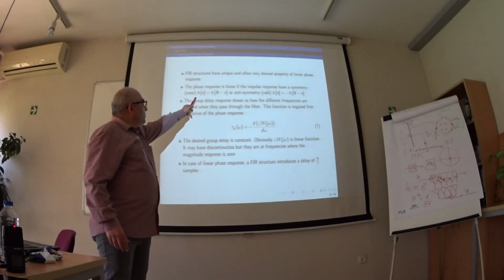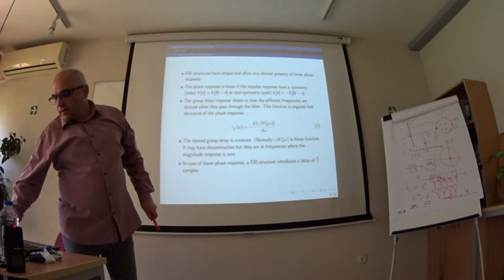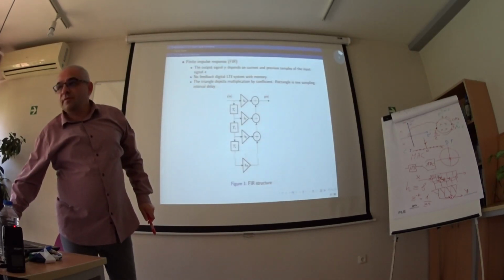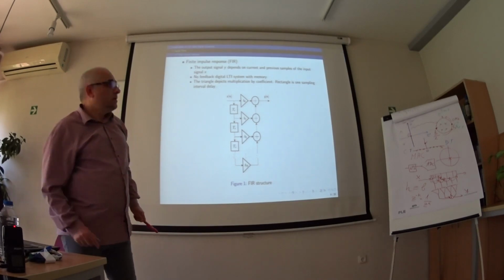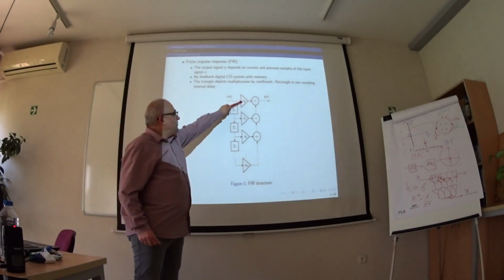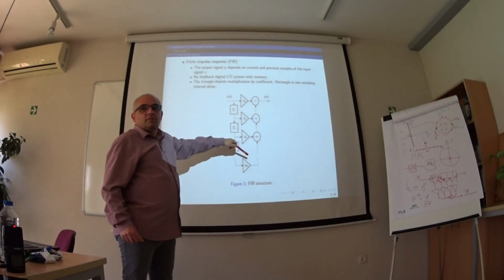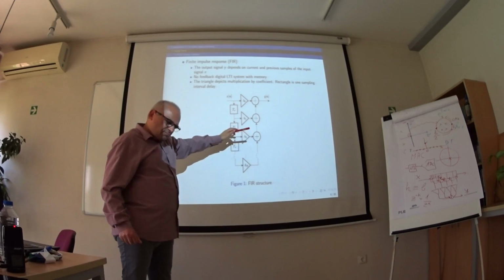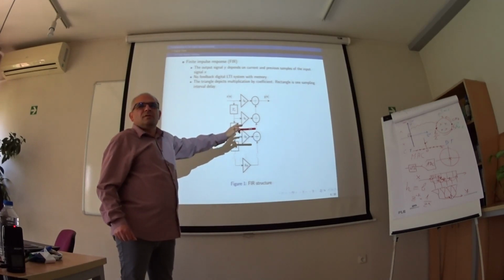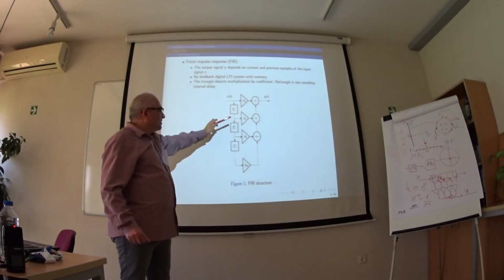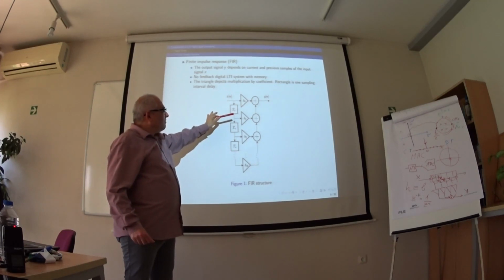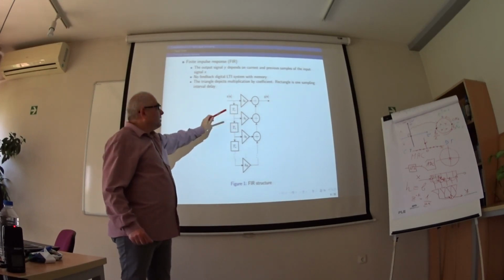This can be achieved very easily if we make something like this. If the impulse response or coefficients have a symmetry or anti-symmetry. Symmetry means the first coefficient is equal to the last, the second is equal to the next to last, and so on. We can have an anti-symmetry.